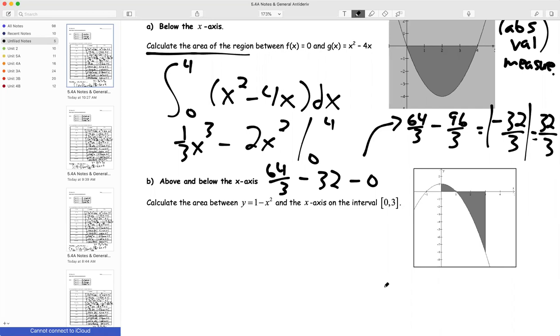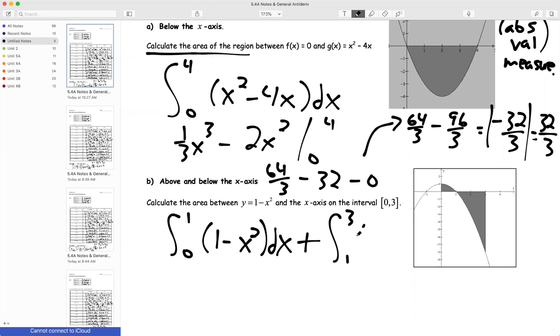So what you're saying is I need to split this up. So I have the integral from 0 to 1. That's the area that's above the x-axis. My function is 1 minus x squared dx. And I'm going to add that to the second part, which is the integral from 1 to 3 of 1 minus x squared.